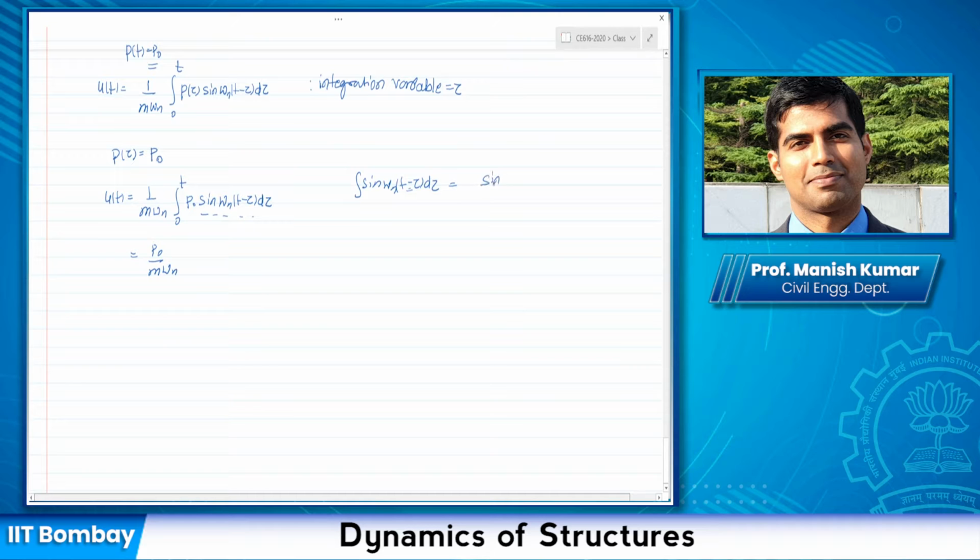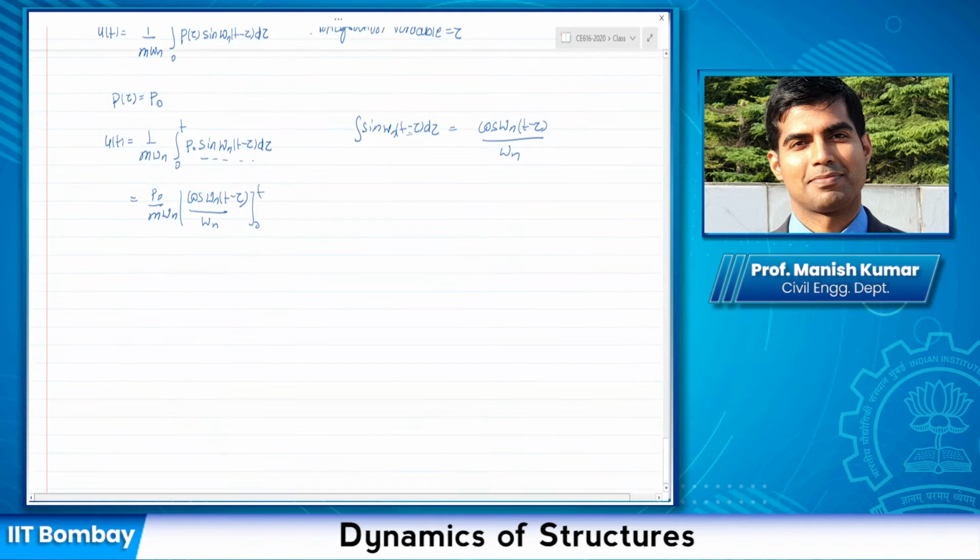So the integration would be cos of omega n (t minus tau), and the coefficient of the integration variable will come in the denominator. So this I get as cos omega n (t minus tau) by omega n, and then I need to substitute 0 and t, the limits of the integration variable. And if I do that, I will get P naught by m omega n square times (1 minus cos omega n t). Okay, this is what I will get.